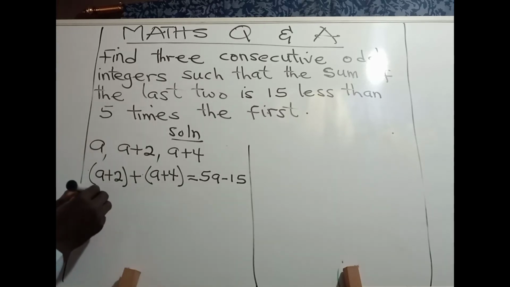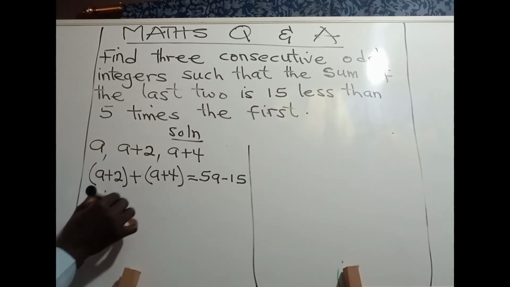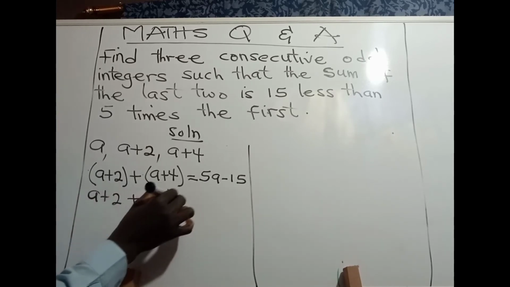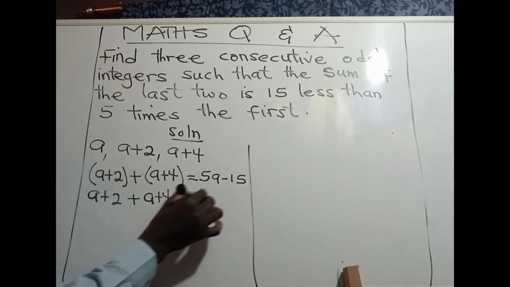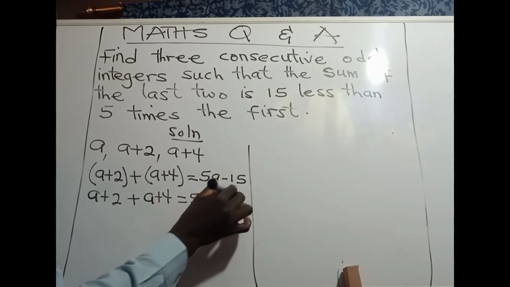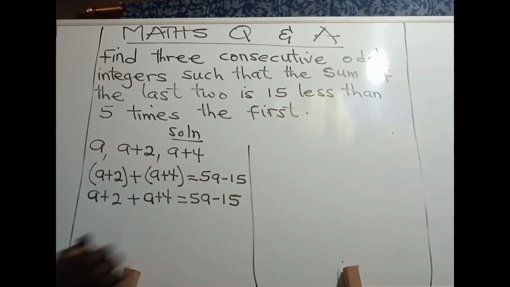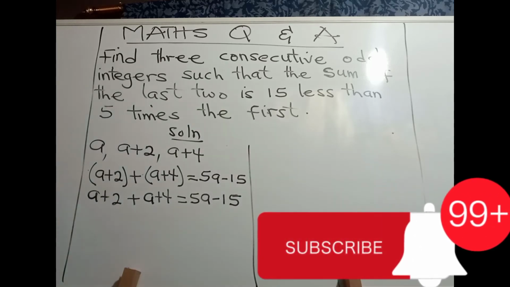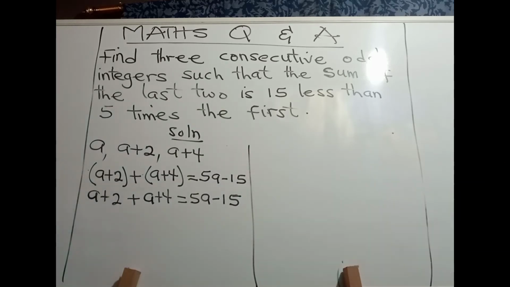So we have a plus 2 plus a plus 4 equal to 5a minus 15. Now you make a the subject by first grouping like terms.